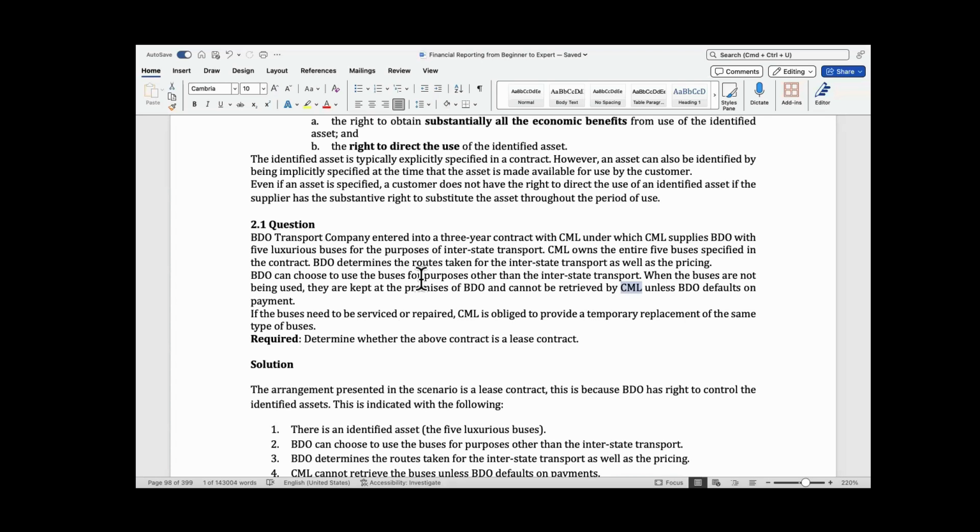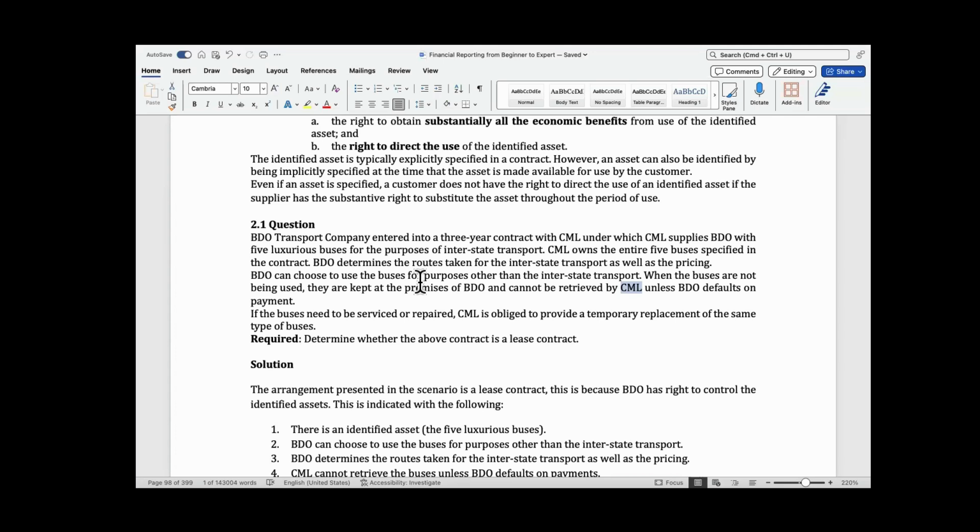All this shows that BDO obtains substantially all the economic benefits. He's the only one. BDO also has control over the bus.